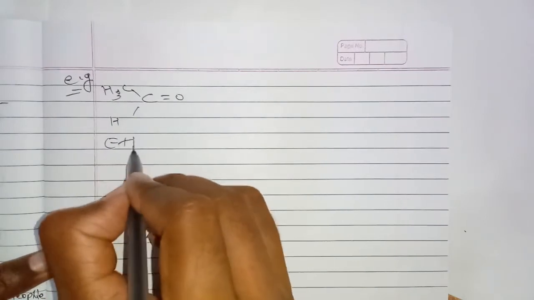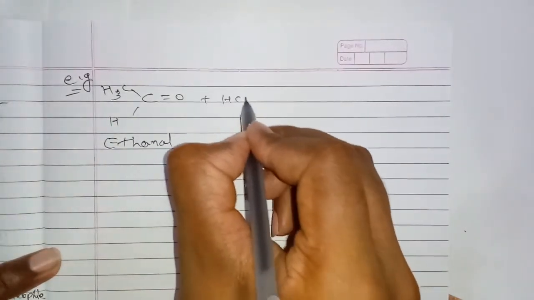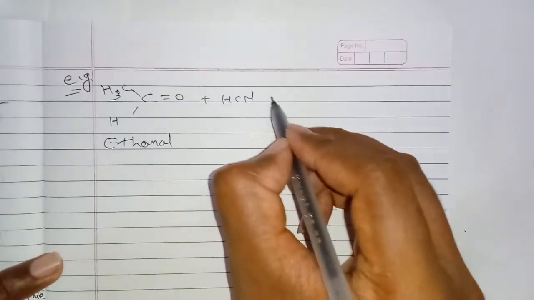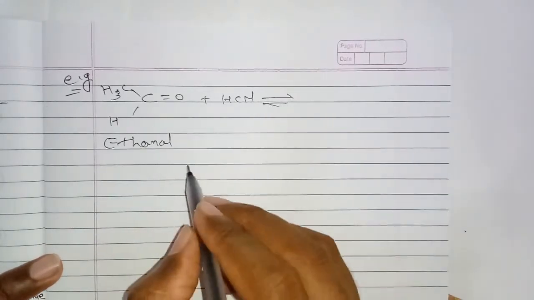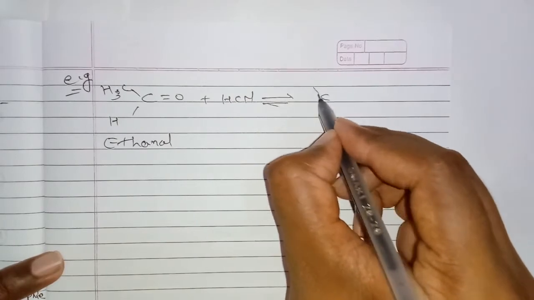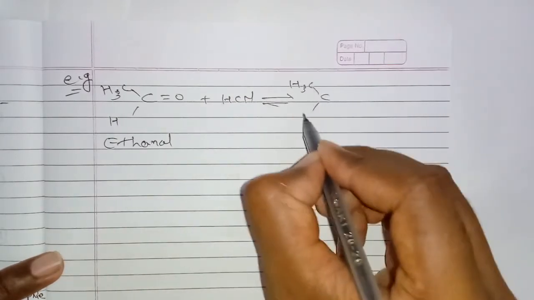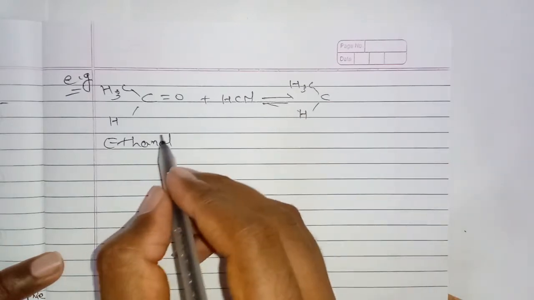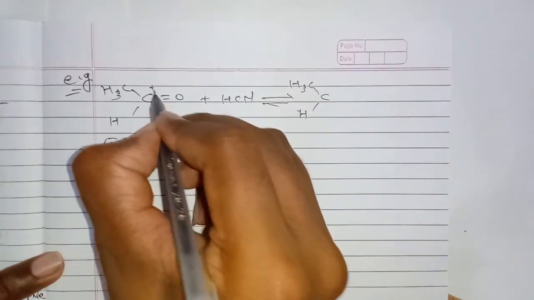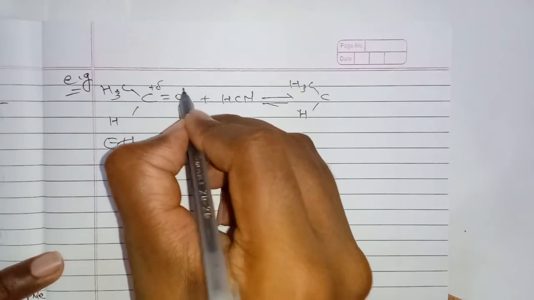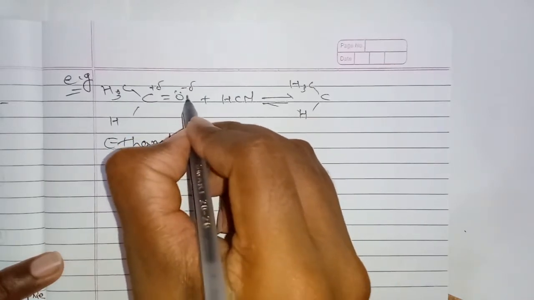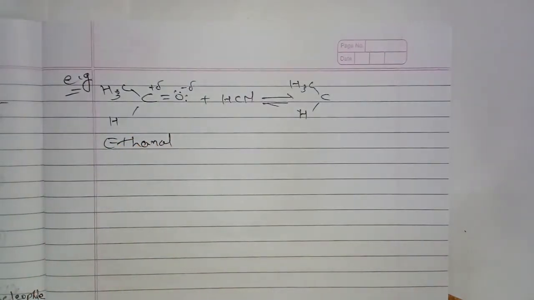Now ethanal, which will react with hydrogen cyanide: carbon, and here CH3, which will be the same here. It possesses a partial positive charge, negative charge, oxygen, and 2 lone pairs of electrons.